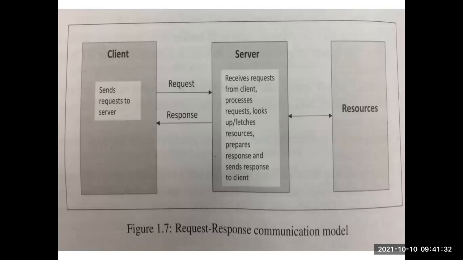In the request response communication model, the client sends a request to the server, and once you get a response from the server, the resource can be exchanged from the server to the client.